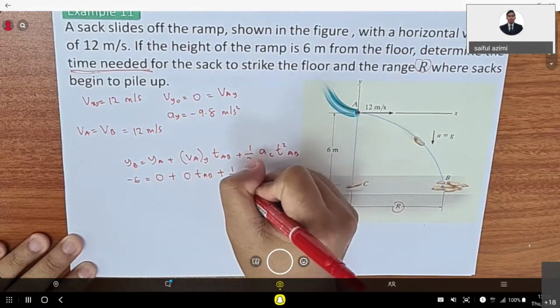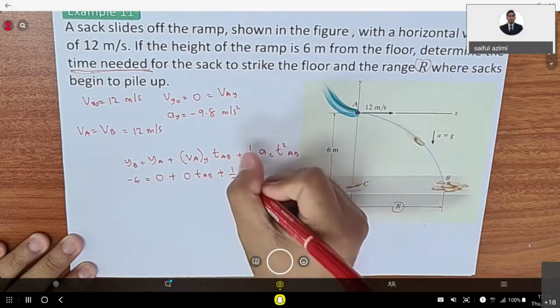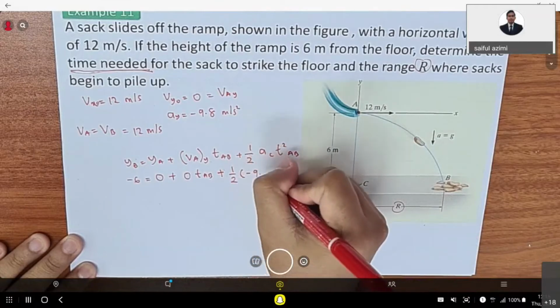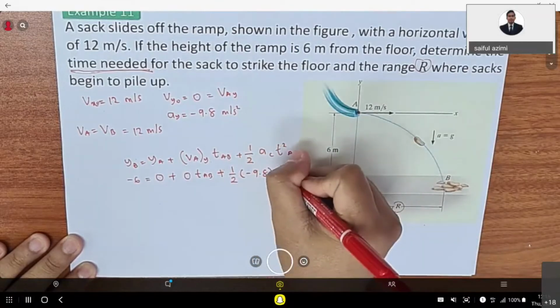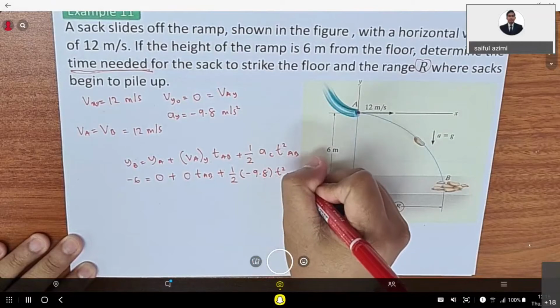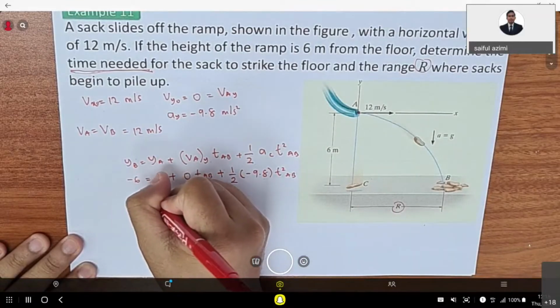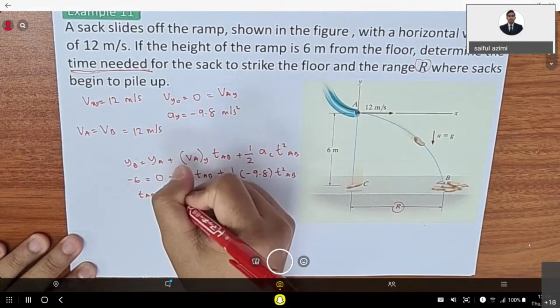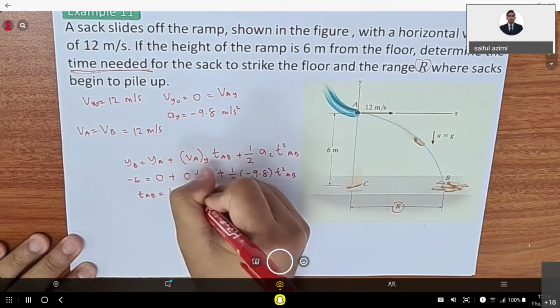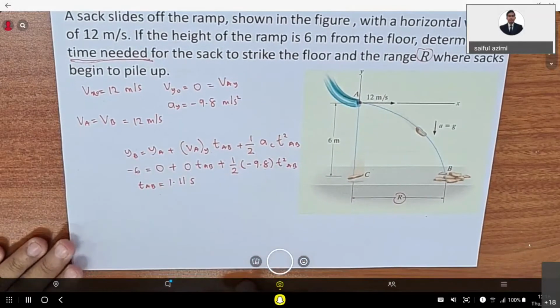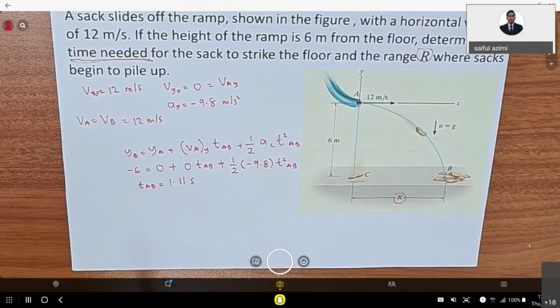Plus 1/2 times acceleration, negative 9.8, times T squared AB. When you rearrange, you will get TAB equals 1.11 seconds. Understand?